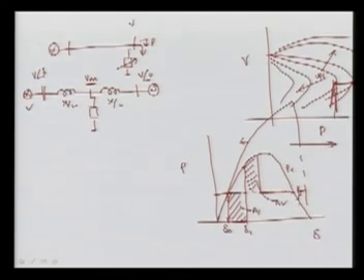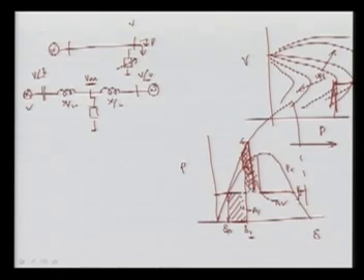Now, I explained this without the compensator. If you are having the compensator and operating here, and there was a three-phase fault cleared at some delta, we go up to this point, and now we require only this much decelerating area, because the areas must be equal.